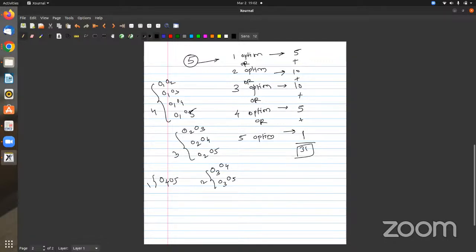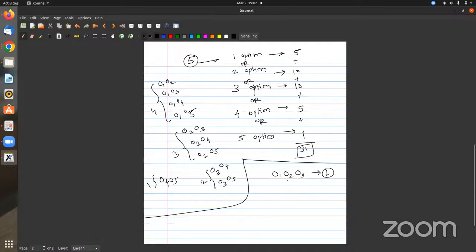Similarly, if you wanted to select three options, how many ways can you select? Tell me the possible combinations. It will be option 1, option 2, and option 3. This is one way.